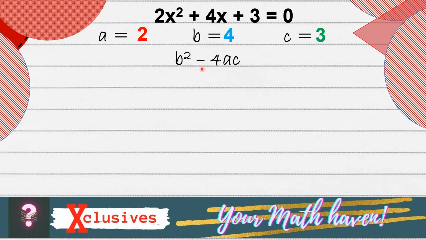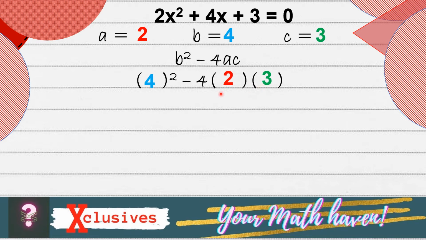Now, we can use the discriminant formula. We will substitute the values of a, b, and c. So let us substitute the value of b squared. That would be 4 squared minus 4 times a, our a is 2, times c, and our c is 3.